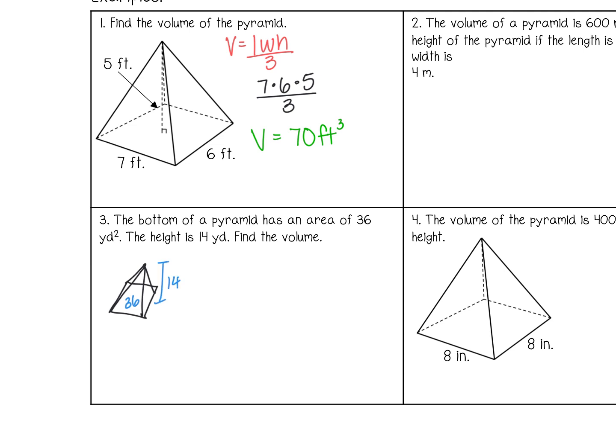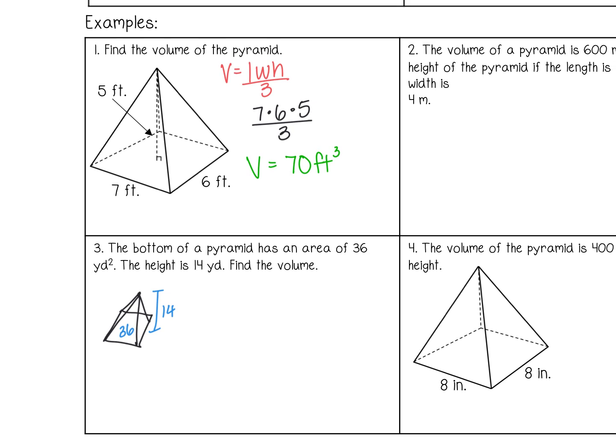It says find the volume. So remember, length times width is the same thing as your base. So my formula could be written as the one like I wrote for number 1, but it could also be written as volume equals base times height divided by 3. And they're giving me the base. Okay, what is that base that they're giving me?